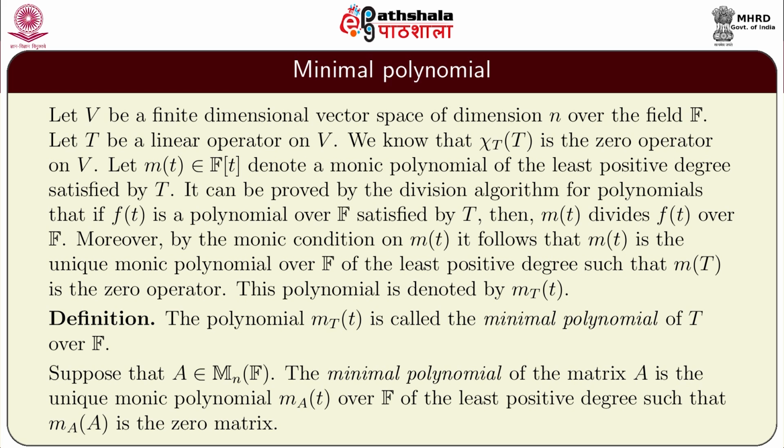This polynomial is usually denoted by m_T(t), and this is called the minimal polynomial of the operator T over the field F. The analogous version for the minimal polynomial of the matrix A would be, if A is an n cross n matrix over the field F, then the minimal polynomial of A is the unique monic polynomial m_A(t) over the field F of the least positive degree, such that m_A of A is the 0 matrix.